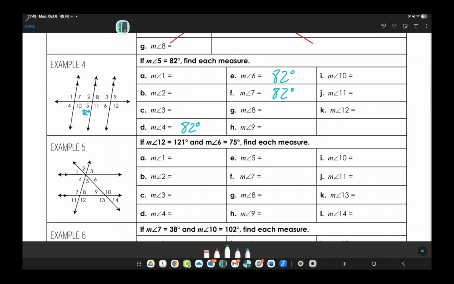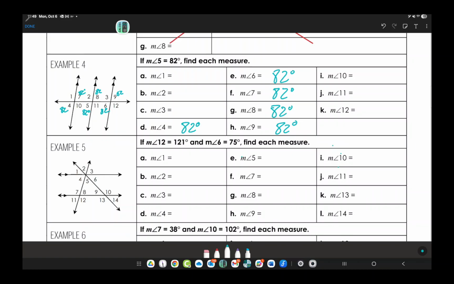Is 9 1? Oh, man, there's one more. 11? 5? 3? 8. 82, 82, 82.